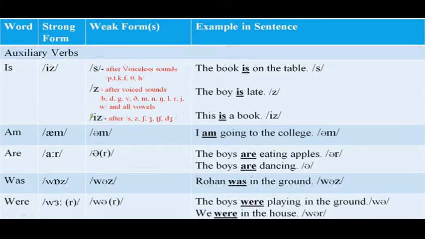Is is pronounced as iz when it is placed after words that end with the speech sounds s, z, sh, zh, ch and j. So if we refer to these sentences over here, is would be pronounced differently in the three examples: the book's on the table, the boy is late, this is a book.